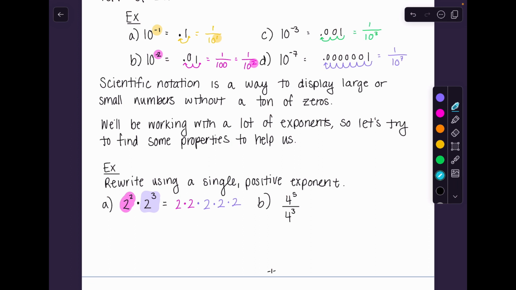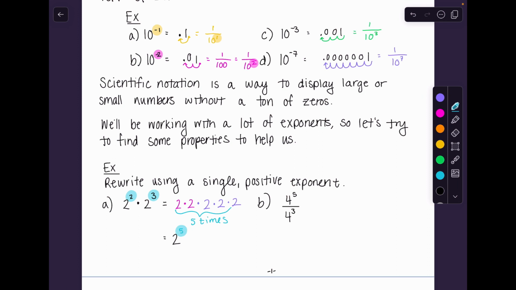So really what you're doing is you're taking 2 and you're multiplying it 5 times. And we know how to condense that with an exponent. This is the same thing as 2 to the 5th. So what we've actually done with these two exponents is we've just added them. This was the second, this was the third. They add together to give us that 5th power.